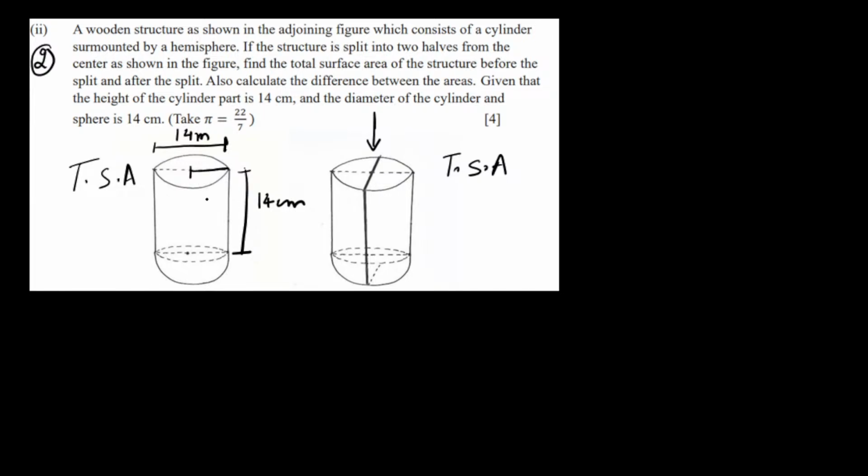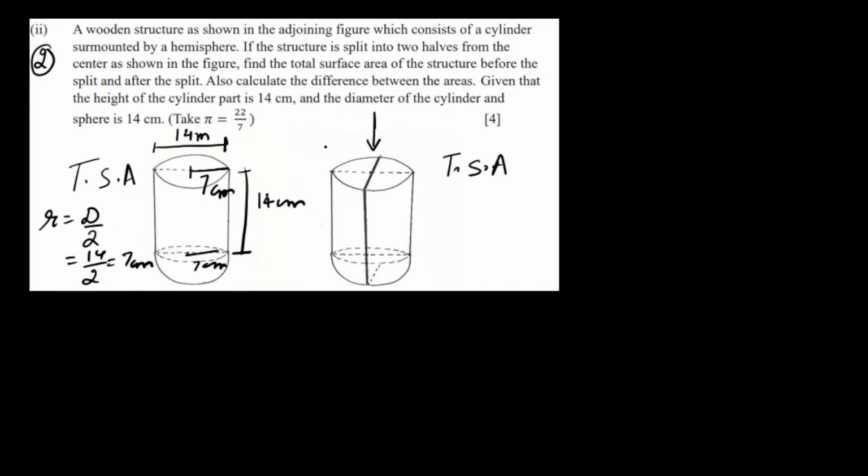We know radius is equal to half of diameter, so that is diameter divided by 2. 14 divided by 2 is equal to 7 centimeter. The same for the hemisphere also. 7 centimeter is the radius of the hemisphere as well as the cylinder.